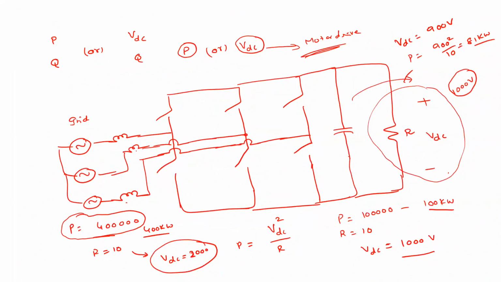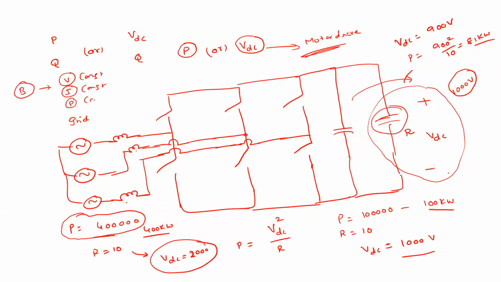Or you have some applications where this resistance we can replace with a battery energy storage system. Batteries can be charged in multiple ways, right? Either we can keep the voltage constant, or the current constant, or the power constant.